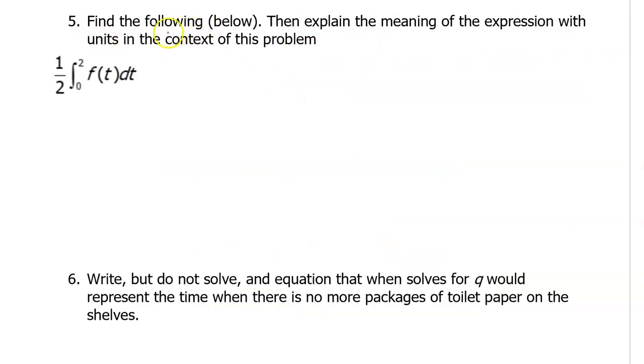Number 5. Find the following below. Then explain the meaning of the expression with the units in the context of this problem. What is 1/2 of the integral from 0 to 2 of f at t dt? We can just type this into our calculator, but remember that f at t is typed into y2. So here we go, 1/2 times the integral from 0 to 2.